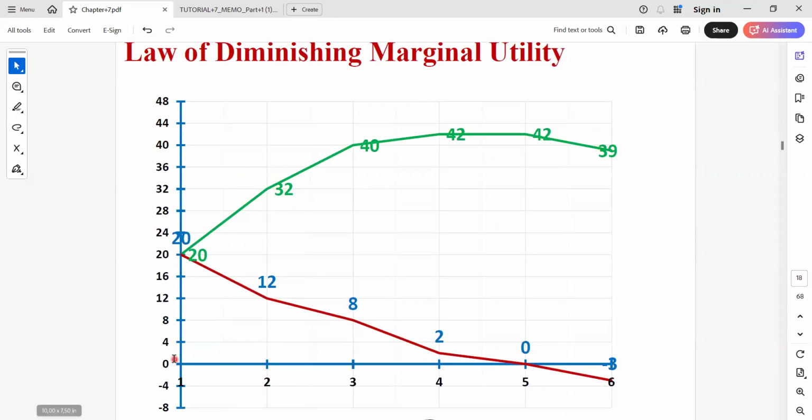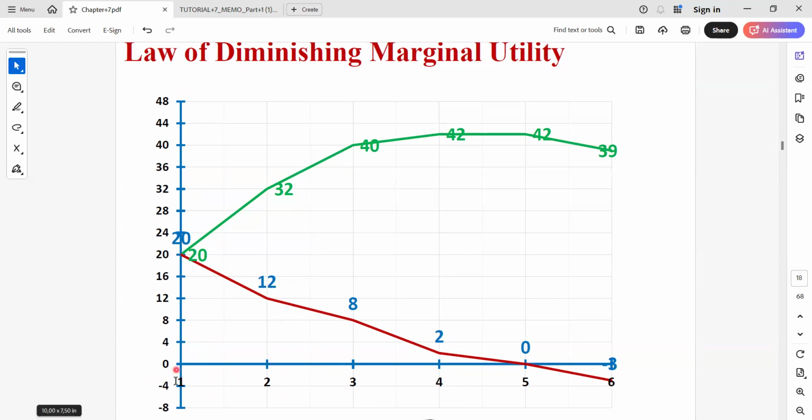So here you have your utiles, which is your total utility and your marginal utility. And here you have your units, basically the goods that the person is consuming. Keep in mind that when you're drawing this graph, here you have 1. Remember, when we used to draw our graphs, we used to say 0, 1, 2, 3.